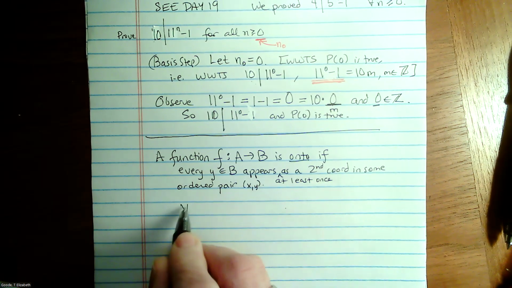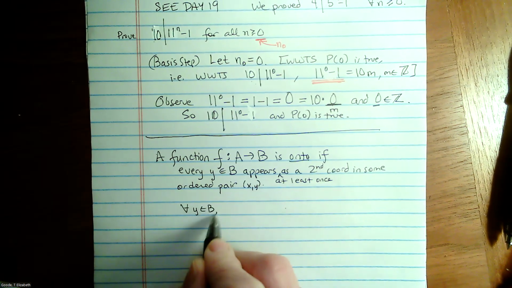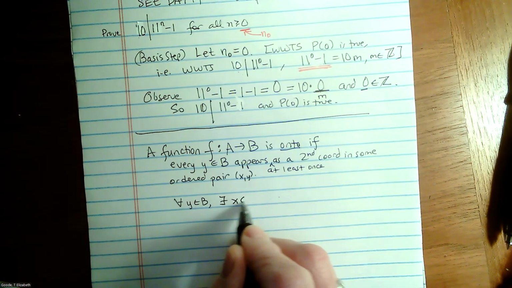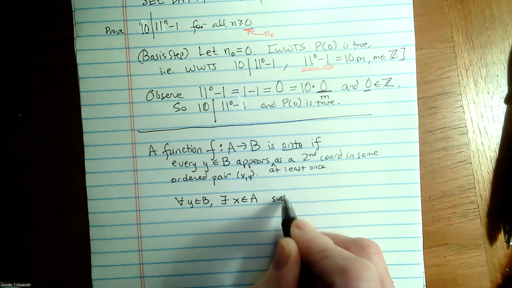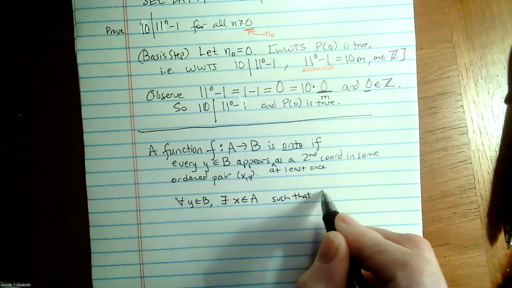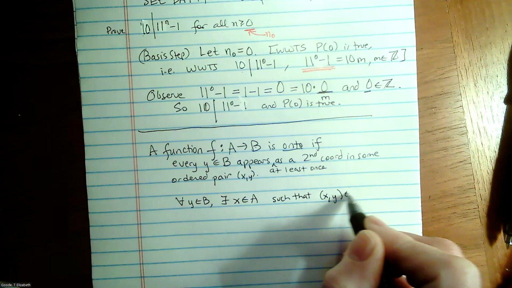In other words, for all y in B, there exists an x in A such that (x, y) is an element of f. You need to practice because you need to be able to write that.